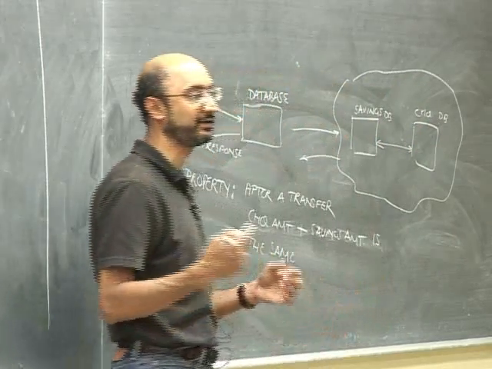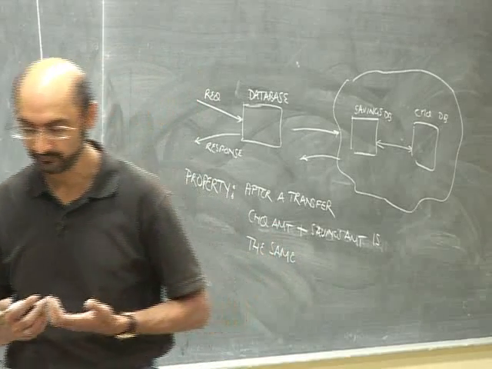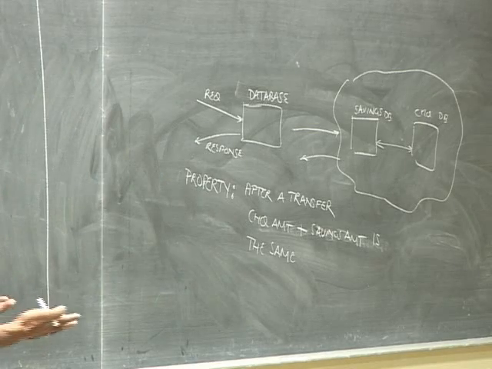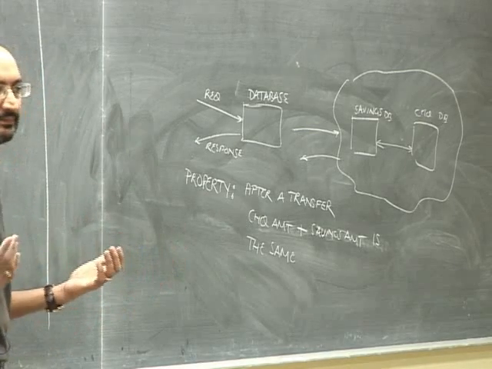Okay, so that's the consistency property we define for the notion of a bank transfer. So the amount of money that you have in checking plus savings is going to be the same.